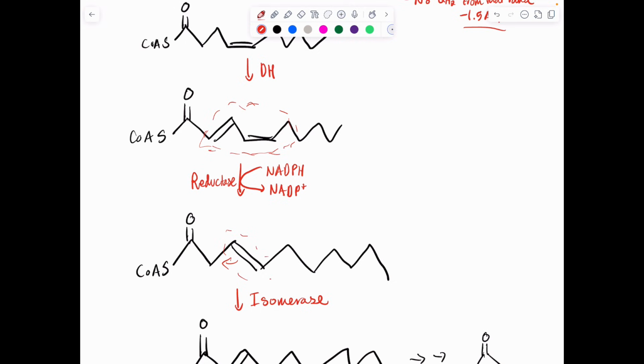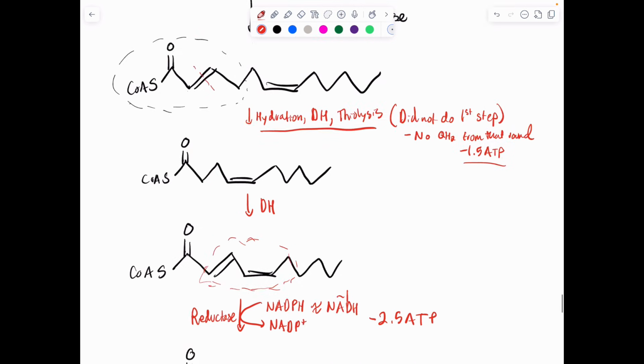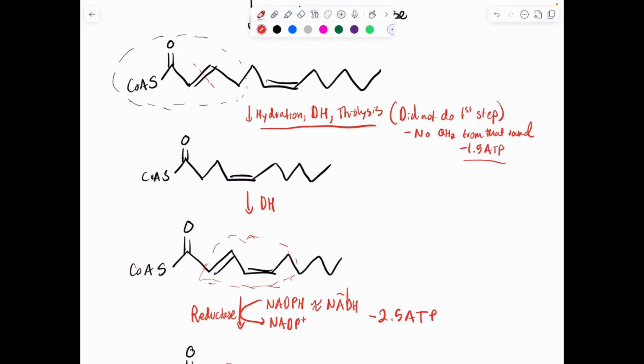That did require an NADPH molecule, and we know that an NADPH molecule is basically synonymous to an NADH molecule, and so we're losing 1 NADH molecule from our energy source, and that would be an equivalent of -2.5 ATP for doing this. So overall, when you have cis double bonds, for the first one that is present, you will lose 1.5 ATP.